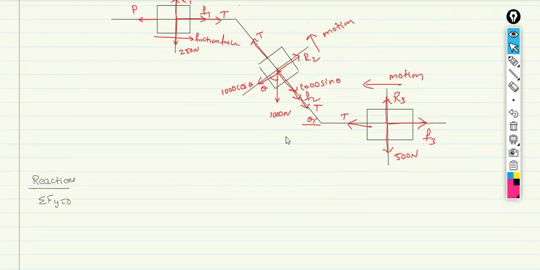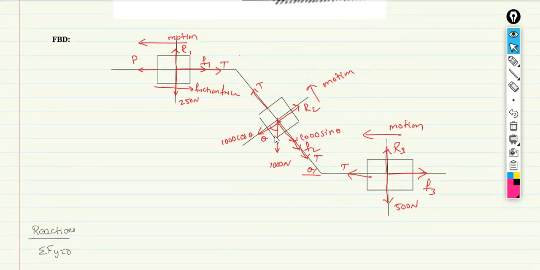So let us go for this block. The upward force is R1 minus the downward force of 250 newtons, because downward force is negative, upward force is positive, is equal to 0, then R1 is equal to 250 newtons. Similarly, this is for block 1. Coming to block 2, sigma Fy equal to 0.